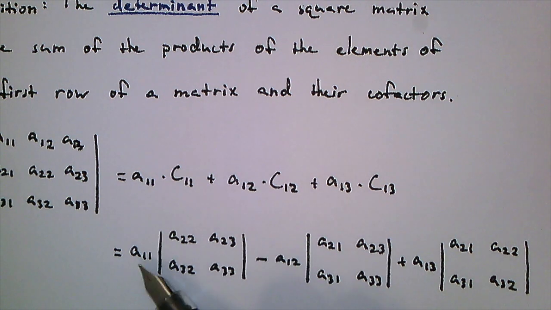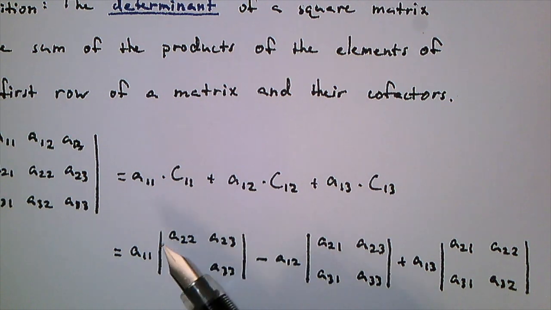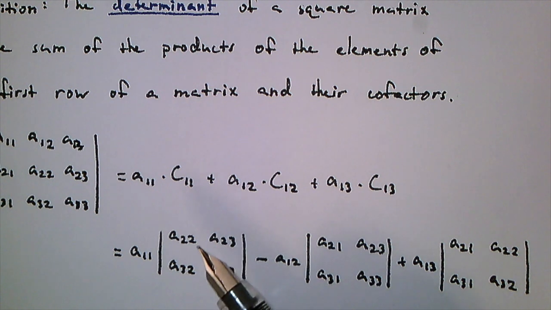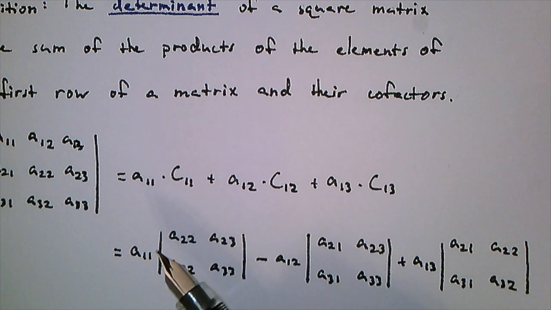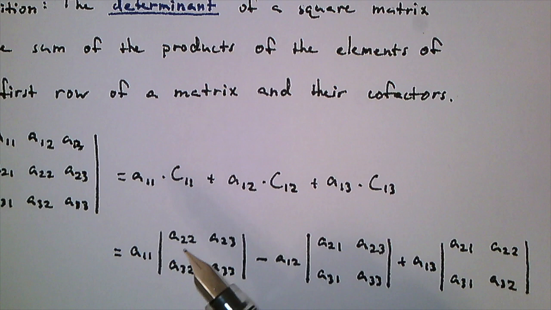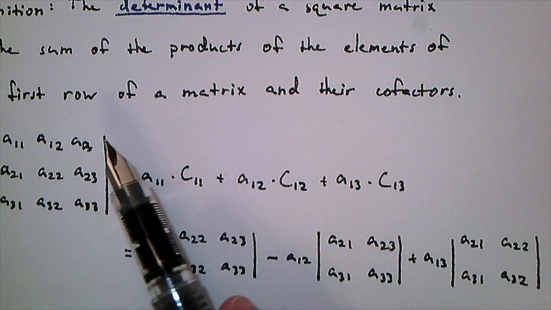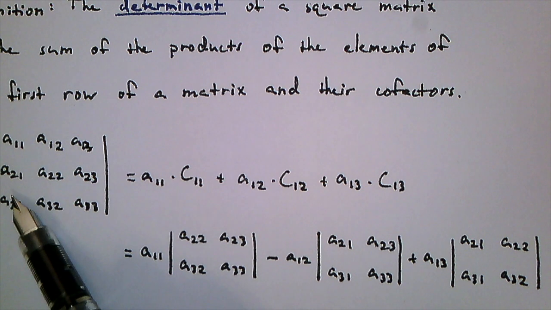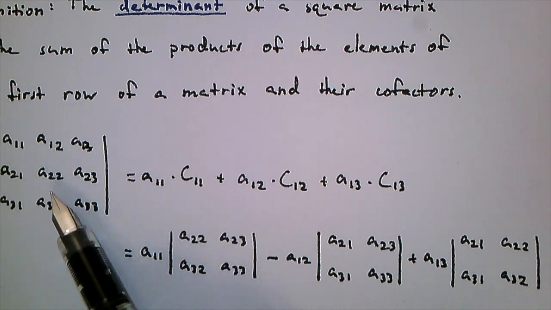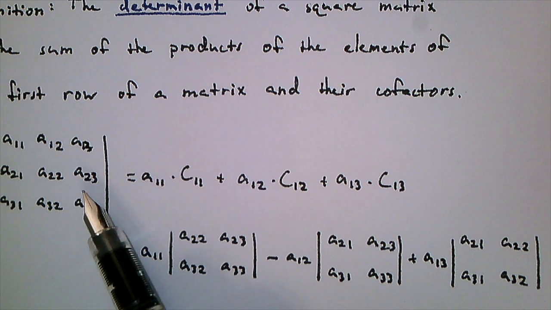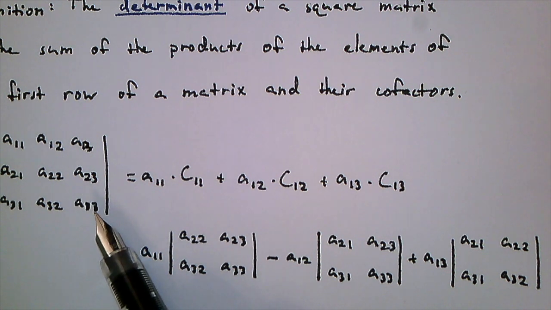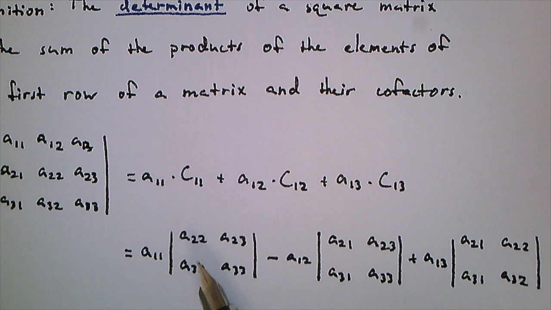So this means we're going to have a positive cofactor for A11, or at least a plus sign on the front. And then we delete the first row and the first column. And what's left over is A22, A32, A23, A33. And then we take the determinant of this smaller 2 by 2 matrix.